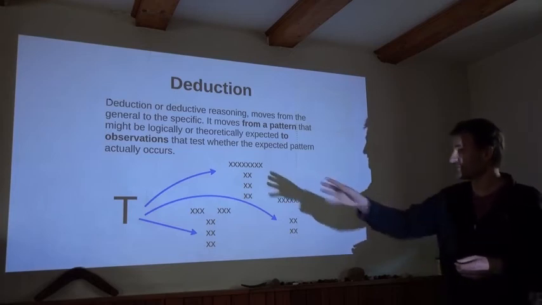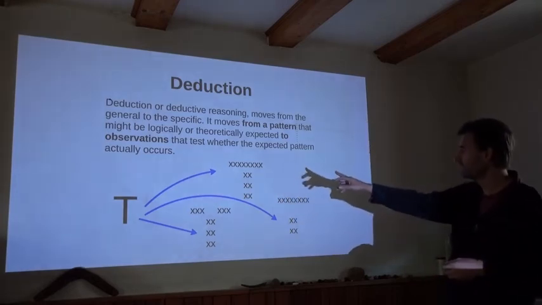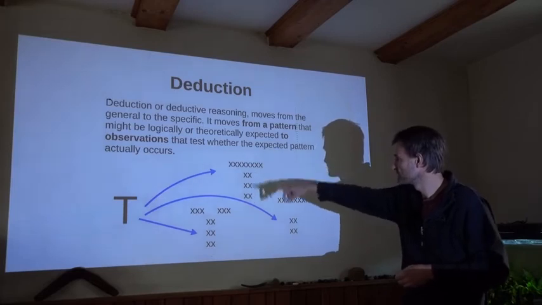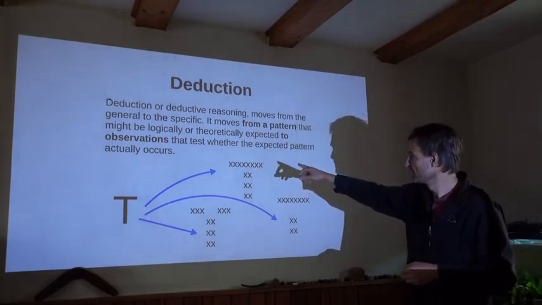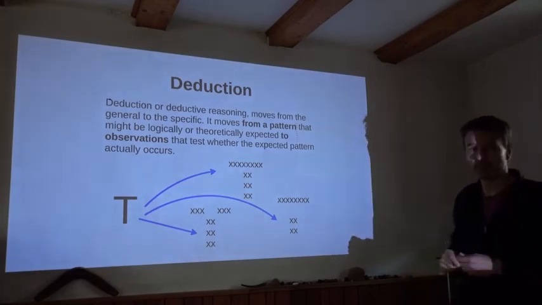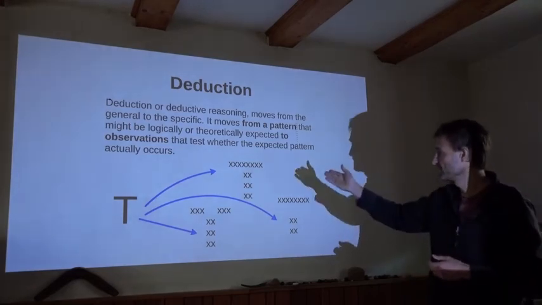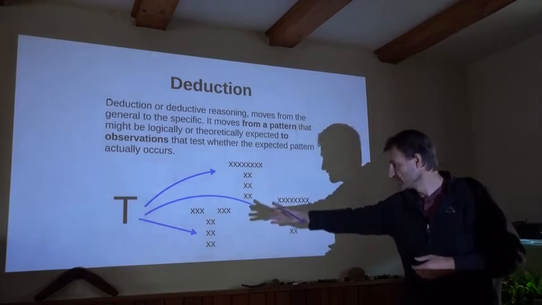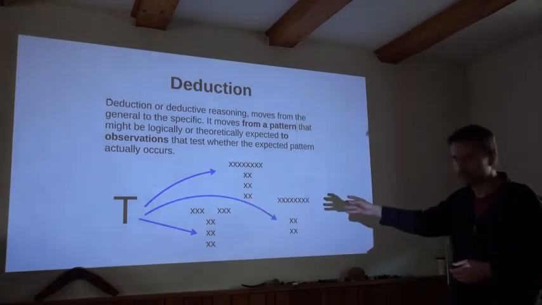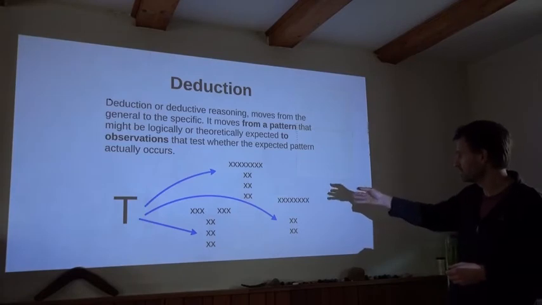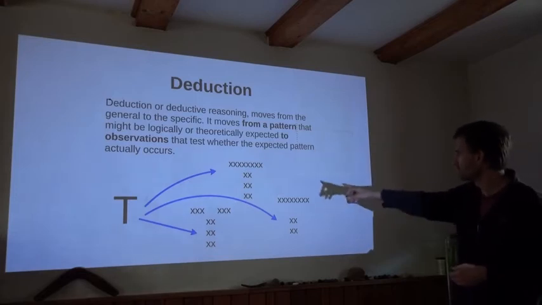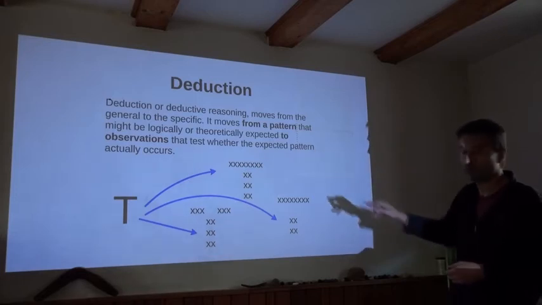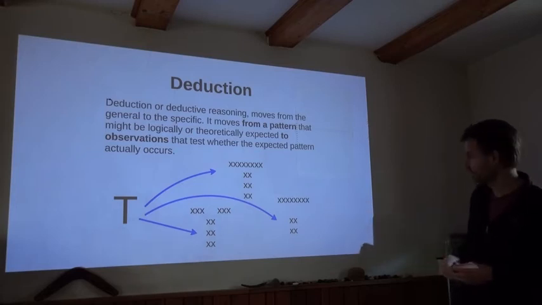So there is a shape T, and we test if this group of axes is an occurrence of the shape T, and we can say yes, probably, but this one I would not say has the shape T. So I can say the T does not occur in this data.